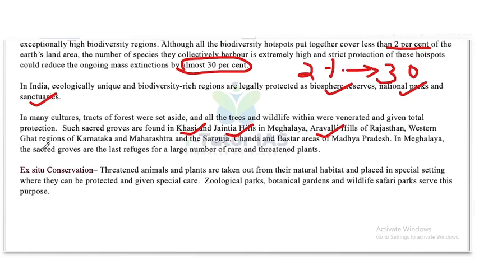In Meghalaya, the sacred groves are the last refuge of a large number of rare and threatened species. So we are all familiar with sacred groves, which are known by different names in different regions, like Kaava in the southern area or other names in other parts of the country.